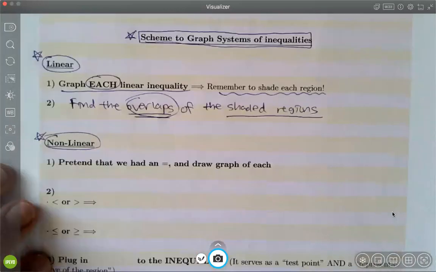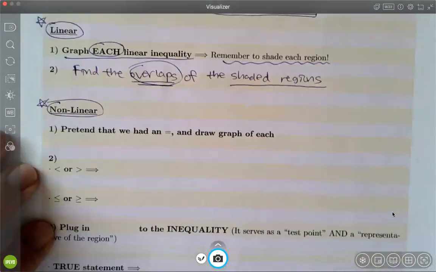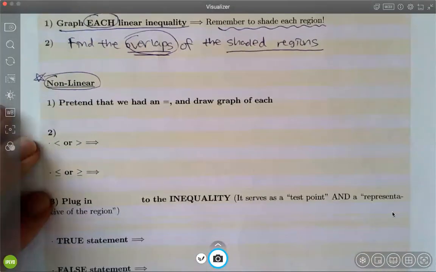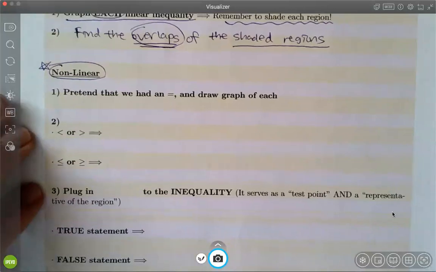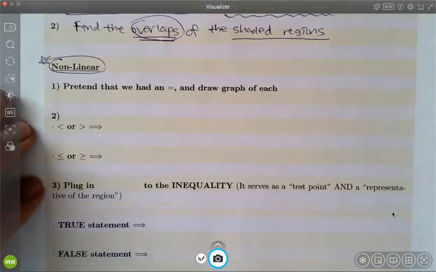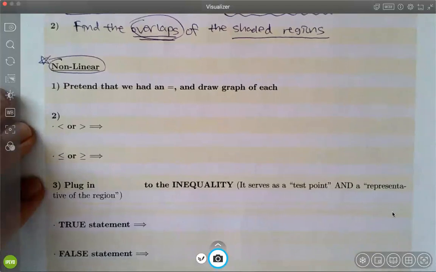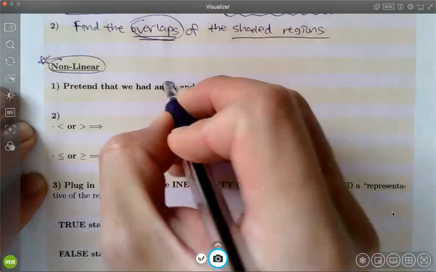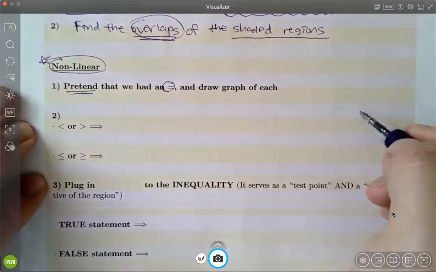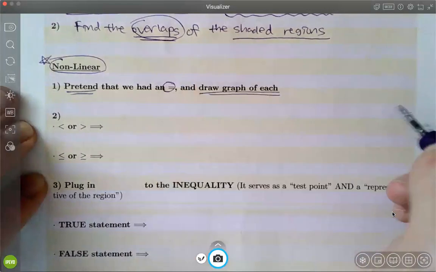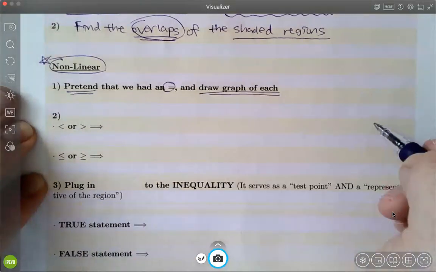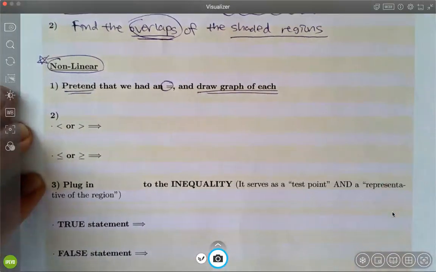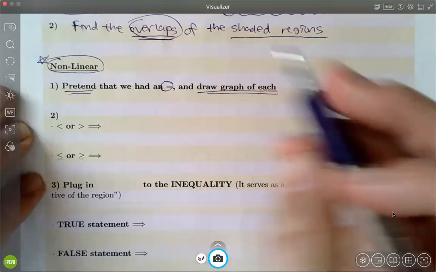As you will see here, the scheme is mostly the same as the scheme of graphing a single linear inequality. What was step number 1? Pretend that we had an equal sign and sketch the graph. Then what is different compared to graphing a single linear inequality? Well, this is non-linear, which means it doesn't have to be a line, right?